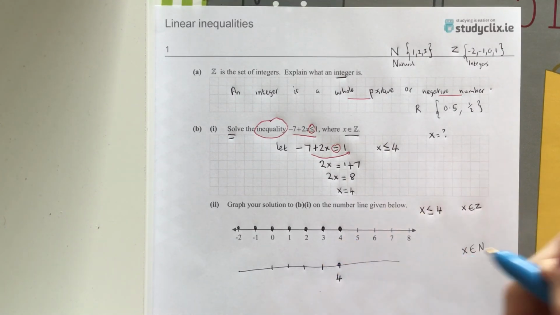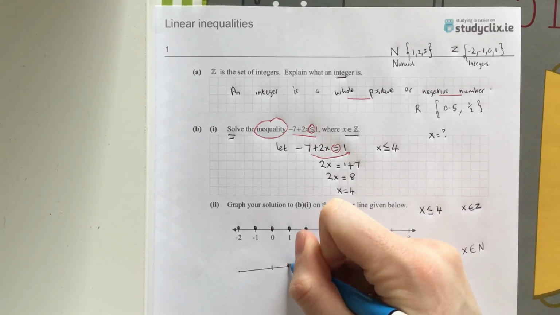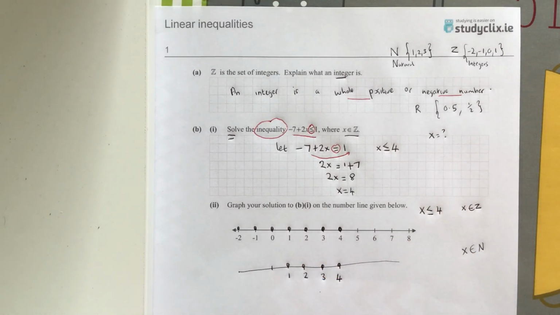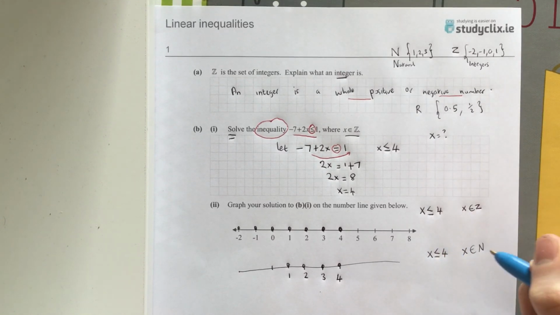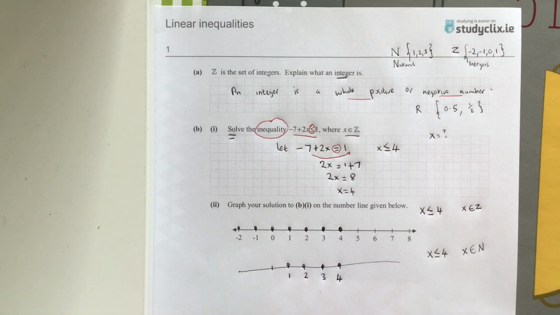I would include 3, 2, 1, and I would stop there because 0 is not considered to be a natural number. It's not a counting number. So if I was told x is less than or equal to 4 and x is an element of natural numbers, I would only circle 4, 3, 2, and 1. I hope that has clarified it for you.